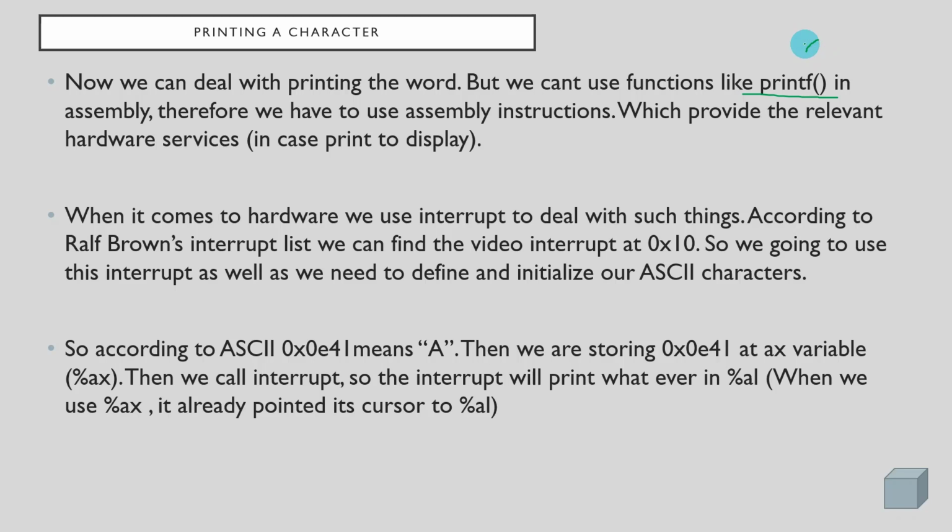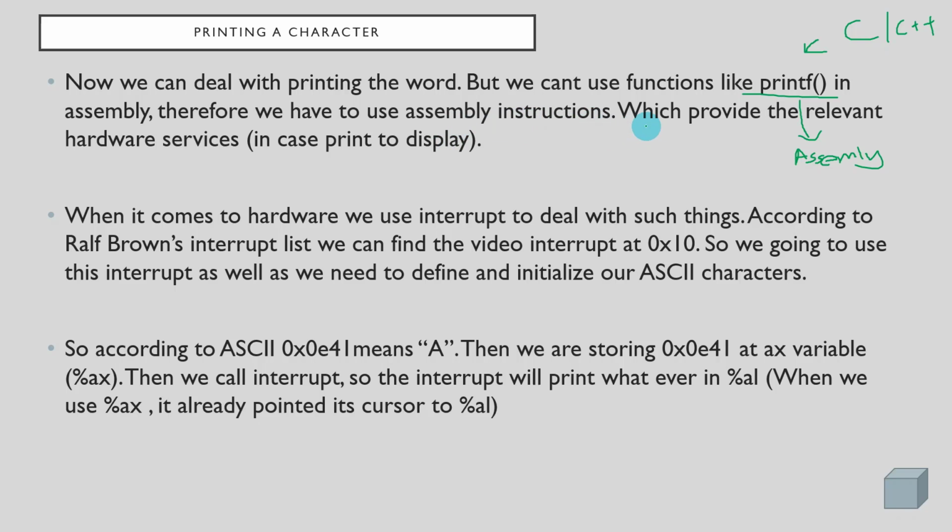But if you are familiar with C or C++, they give you printf. Now we are going to see what happens inside printf. This is where assembly comes in. It is kind of complex, but you can get used to it.